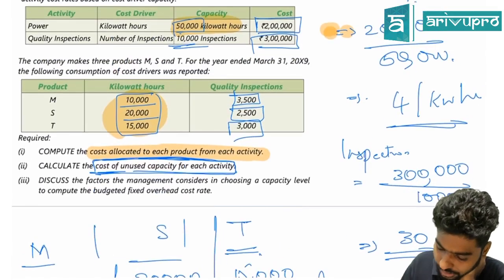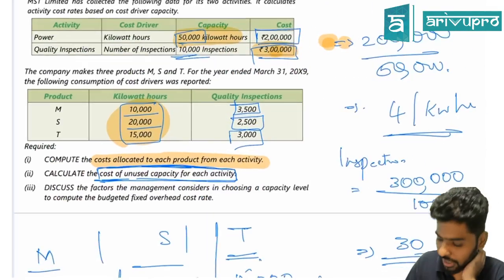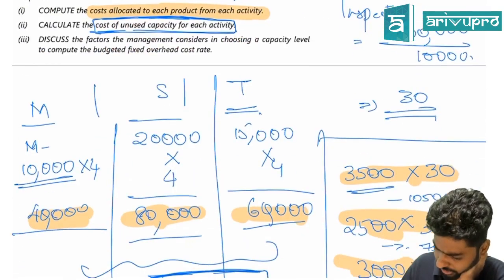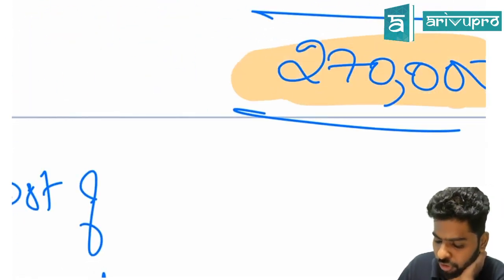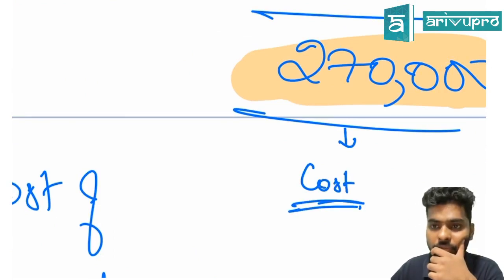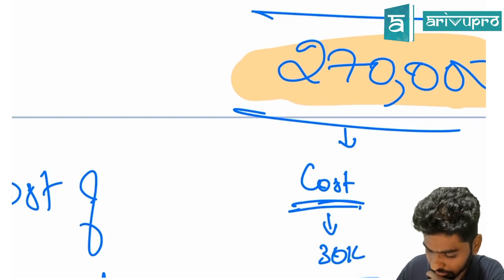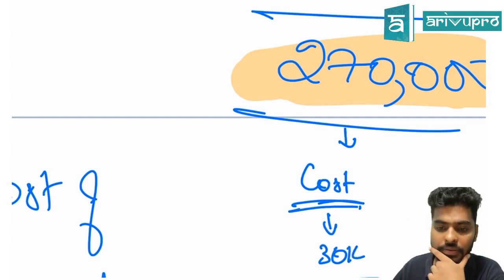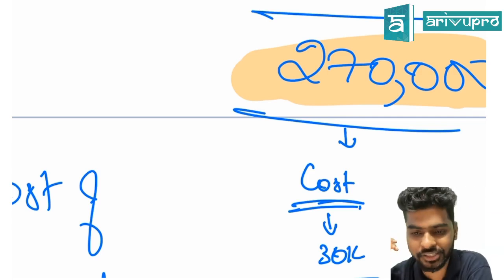For the second one, what is my cost? 3 lakh. How much have I recovered from the product? See here, it is 2 lakh 70. Therefore, what is the cost of unused capacity? 30,000. Are you clear? So that's all with regards to your ABC costing. Thank you.